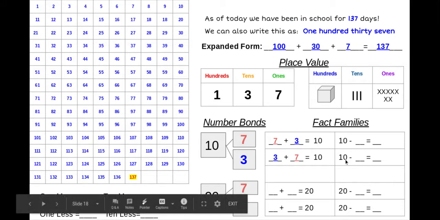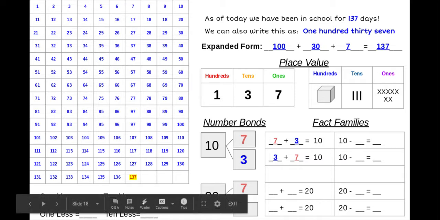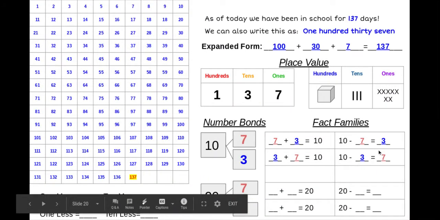And what would a flip-flop for it be? 3 minus 7? Does that make sense? Can we do that? We could if we were in higher grades. But remember, the largest number comes first. So it's 10 minus 3 equals 7. Good. All right, let's see which one's on our list first. 10 minus 7 equals 3. And we're going to flip-flop it. 10 minus 3 equals 7.